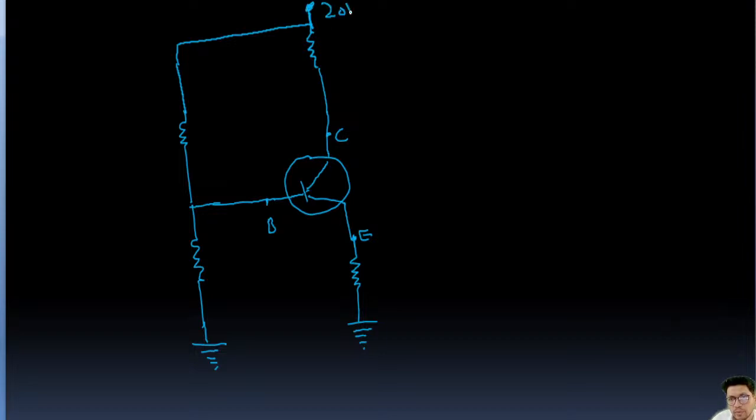This is 20 volt. This is RC, and the value is 5 kilo ohm. This is the emitter resistor, and this value is 1 kilo ohm. Beta is given as 50, and this is R1.